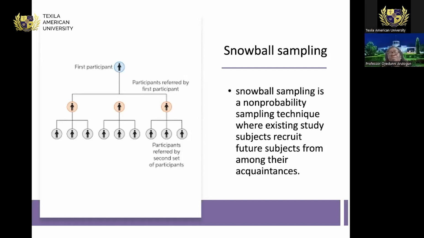So once you are able to get the first participant, the first participant will refer you to another person, will link you up with another person. So that other person too will link you up with a second set of participants. So that is how snowball is. Or you want to interview groups of traditional healers, for example, you are not likely to find a register containing all of them, or they are not even likely to talk to you. But once you get one, it links you to the other one. That other one also links you up with the next one.